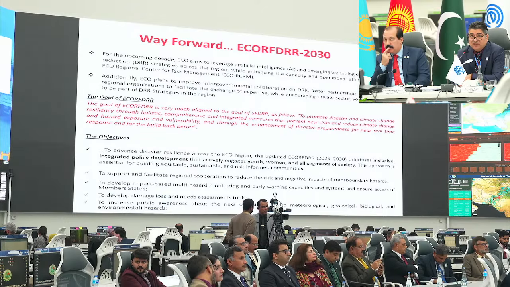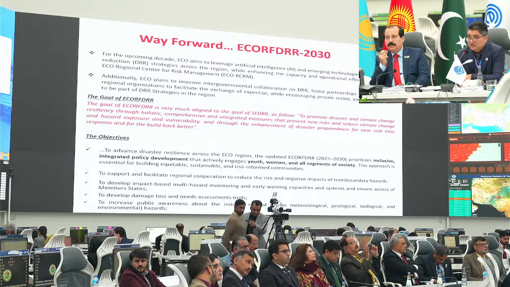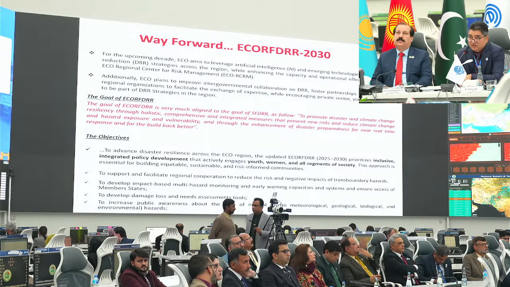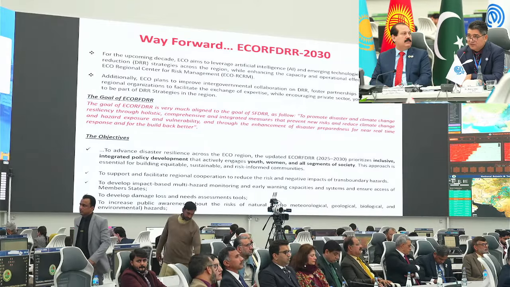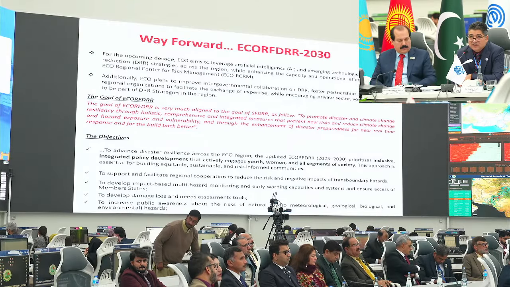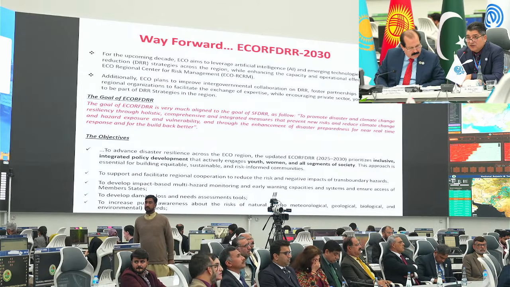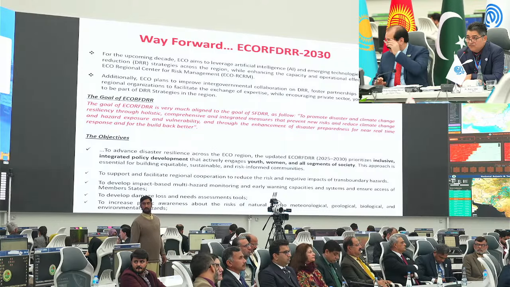For the future, for the upcoming decade, ECO aims to leverage artificial intelligence and emerging technologies in disaster risk reduction strategies across the region, while enhancing the capacity and operational effectiveness of the ECO Regional Center for Risk Management. This center was established under this framework.